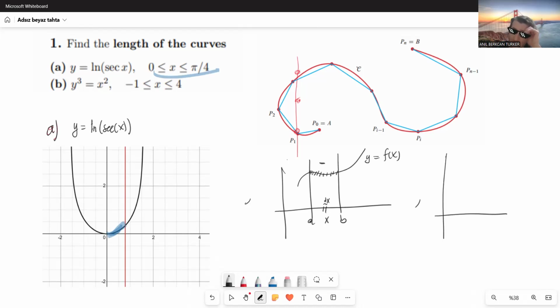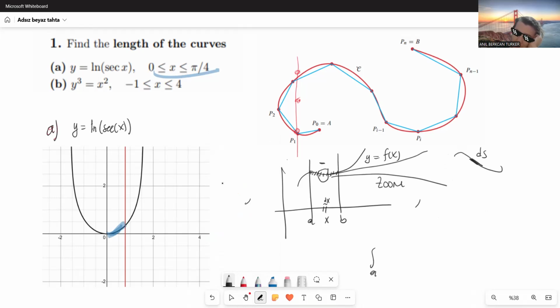So take a part of the length and zoom in, zoom in. Now let us call this ds. If we take the integral from A to B of ds, then it will be the length of the curve.